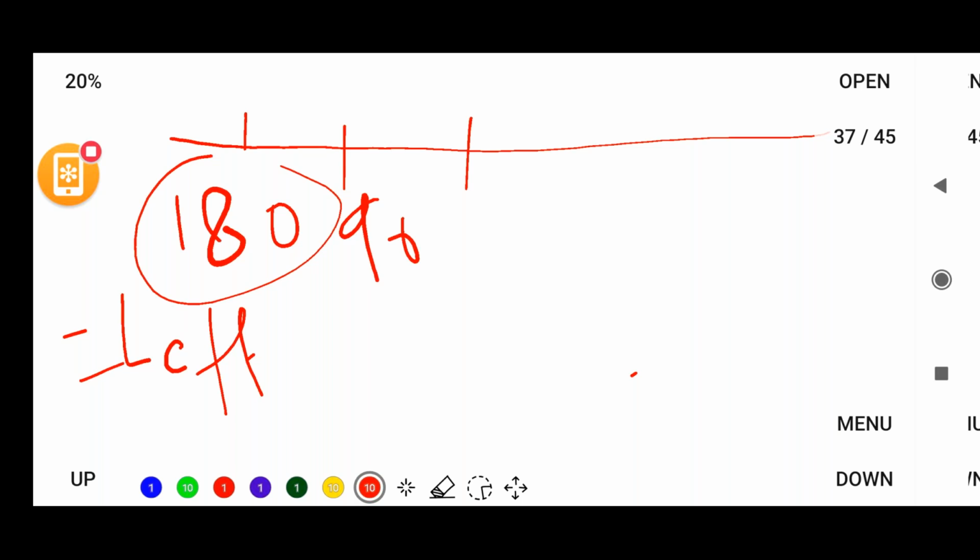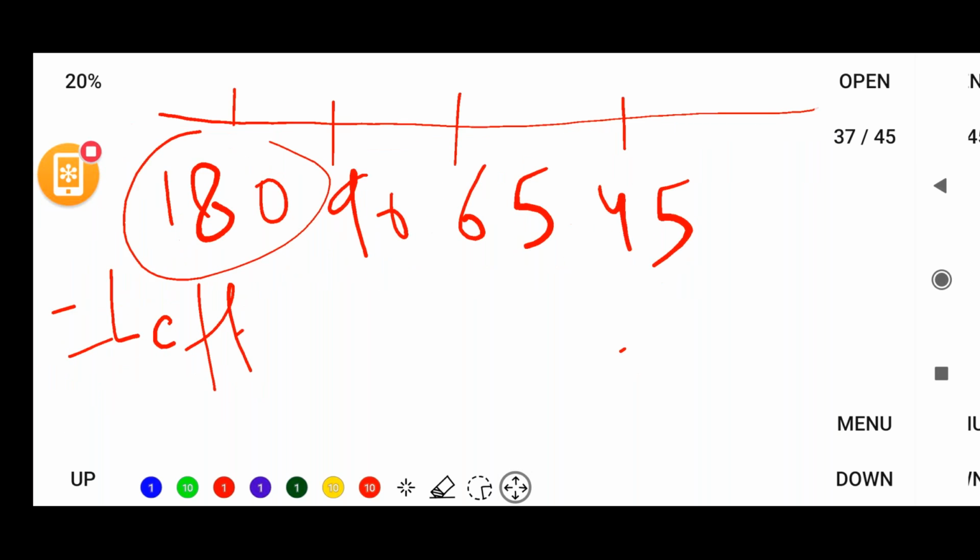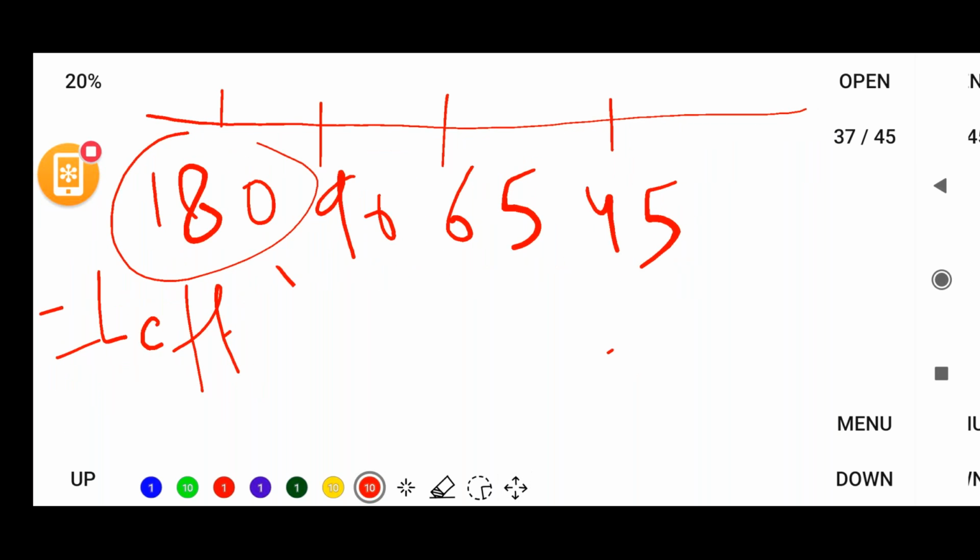Our VLSI industry is now moving very fast. It is not stopping at 90 nanometer; now 65 nanometer is also there, and 45 nanometer is also there. So you see that each time your channel length is less.